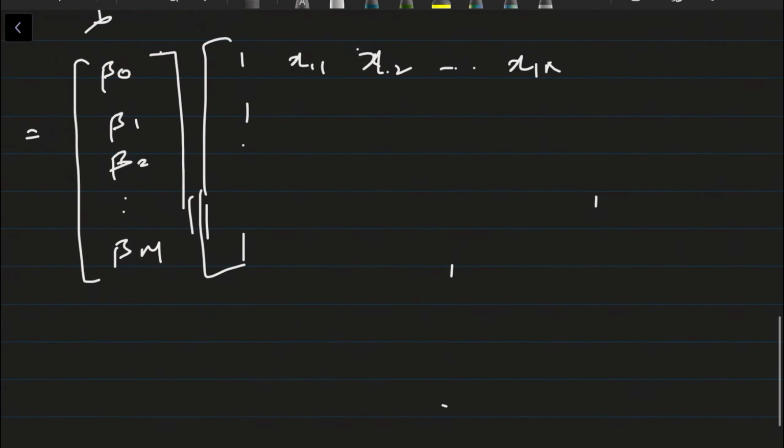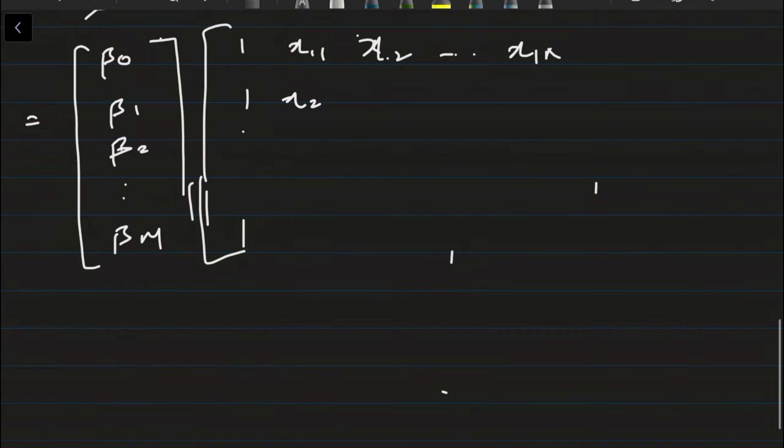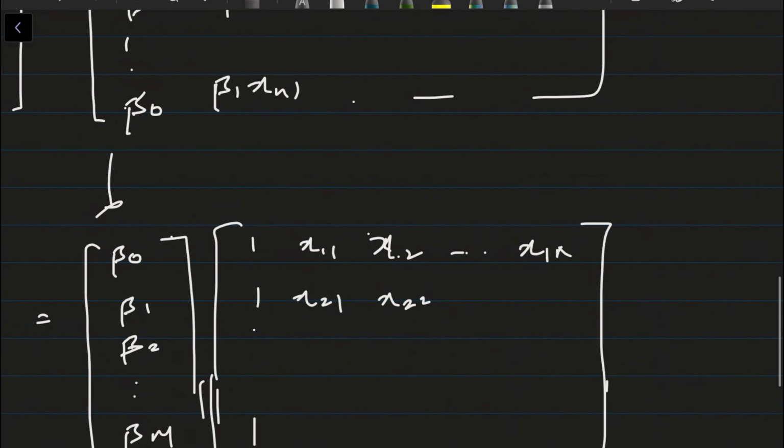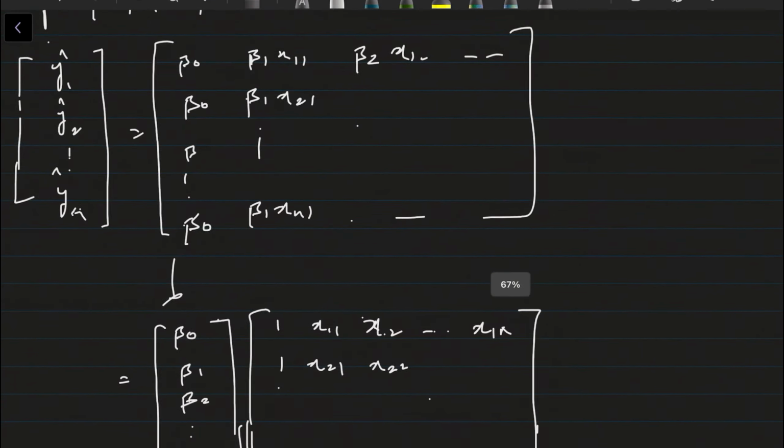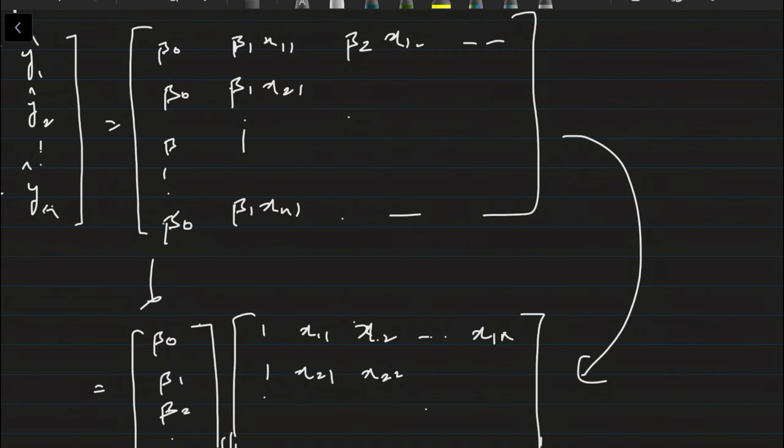Okay, here x21, x22 and so on up to xn. So we have taken out every weight into a vector. This is a basic transformation in the matrices. Okay, so we have represented this table like this.